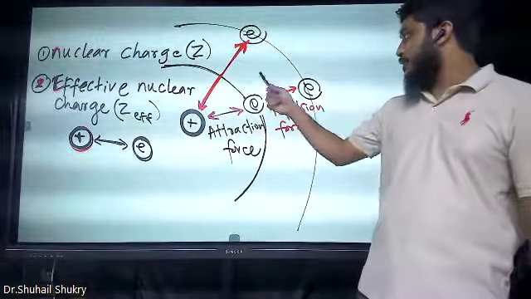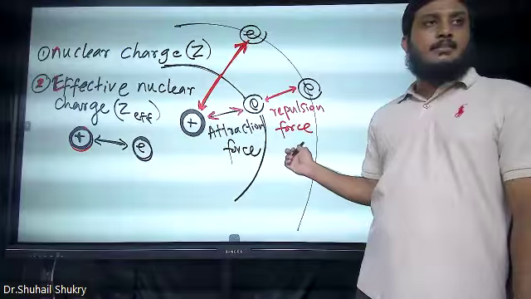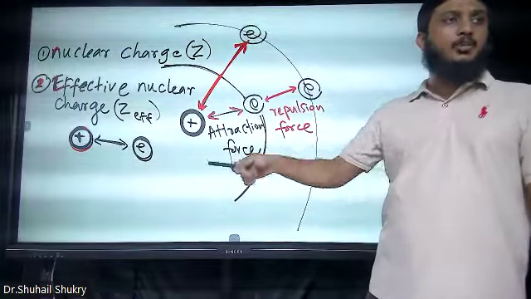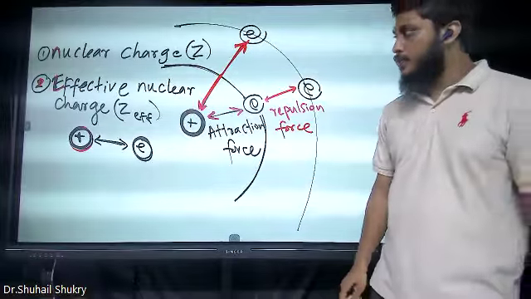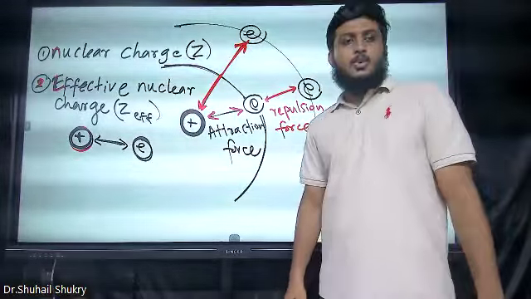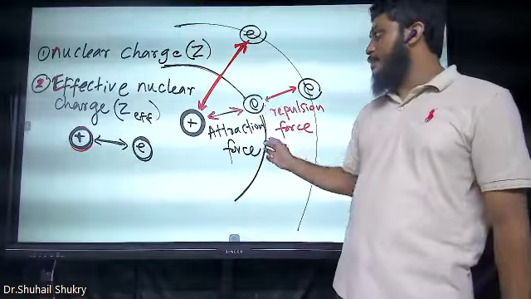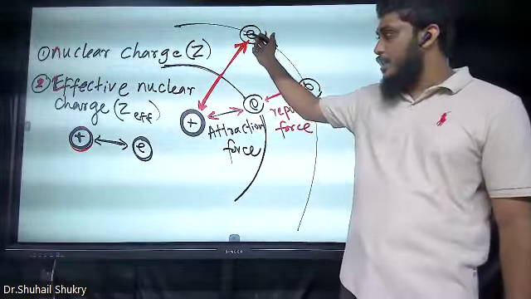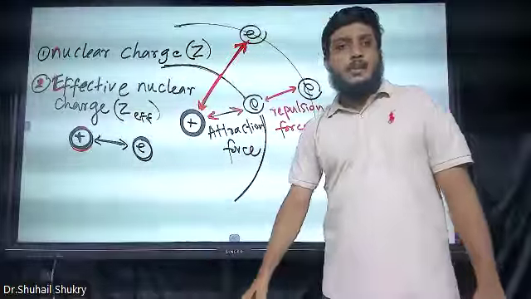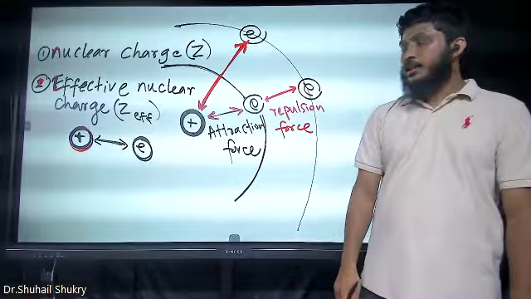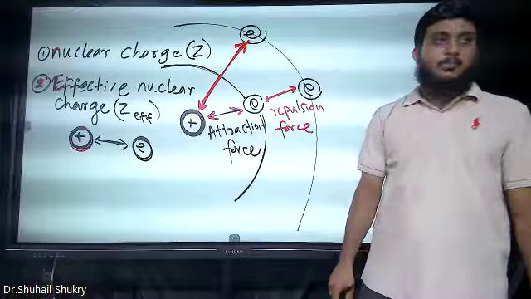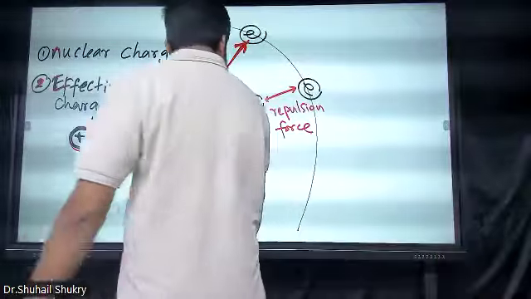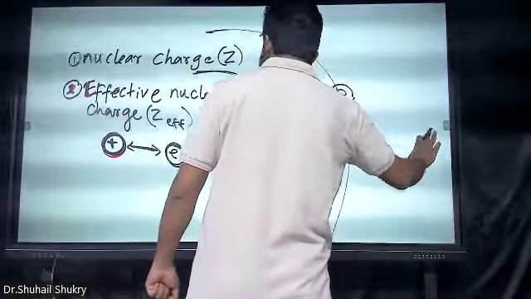But what about the second orbit's electron? Will they feel the real nuclear charge? No, they won't feel the real nuclear charge, because of the other electrons. Whatever nuclear charge they are feeling is known as effective nuclear charge. I can write an equation like this.